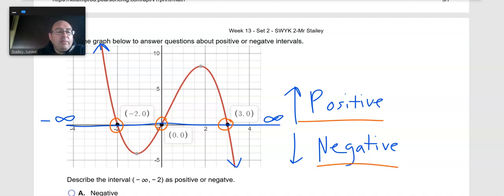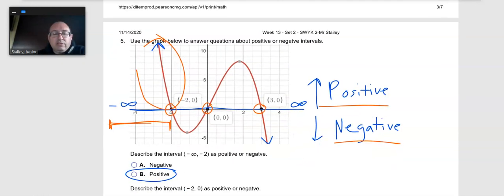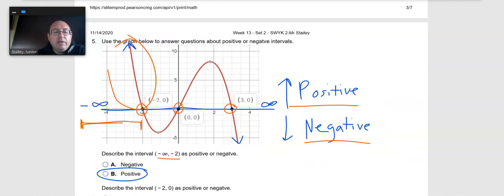So what do you think about the description of everything from negative infinity to negative 2? That section of the graph looks like it's in the positive section, right? And so that's why we labeled it that. From negative infinity to negative 2, we called it positive. Well, what about from negative 2 to 0?